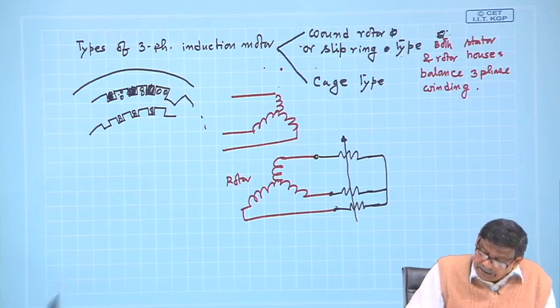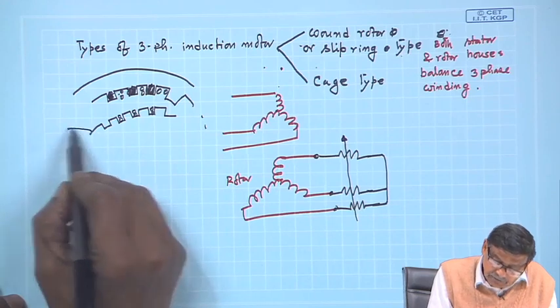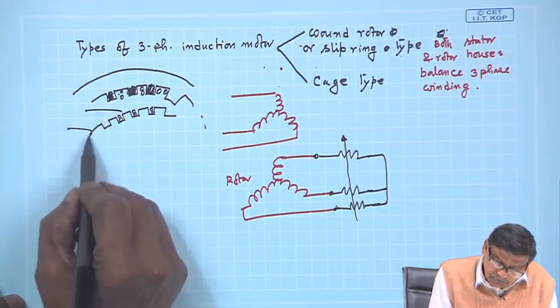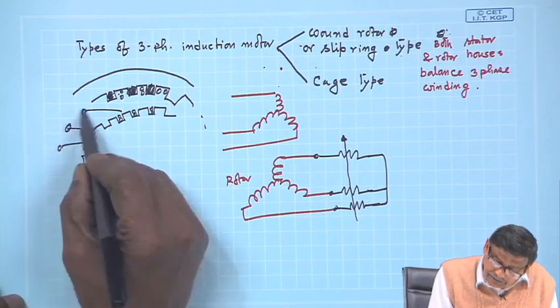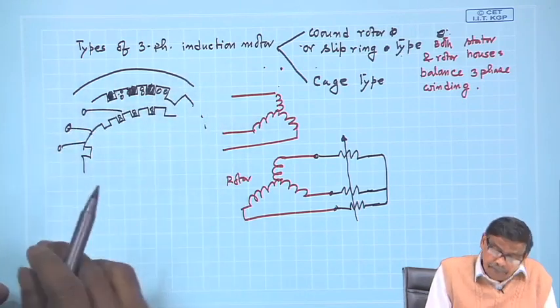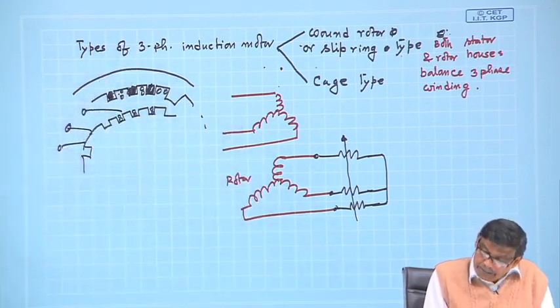Now, the question is this: in the rotor structure, 3 terminals will come out from the rotor winding. As the rotor will be moving, these 3 terminals will also be moving.